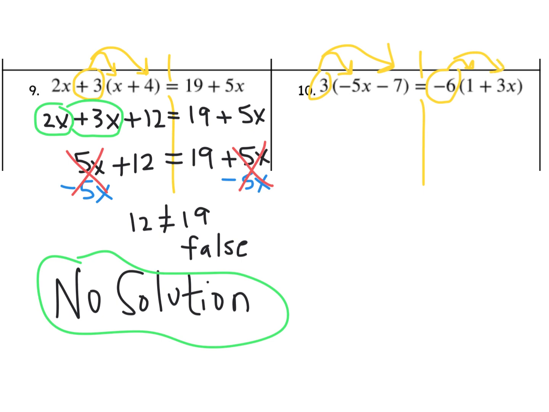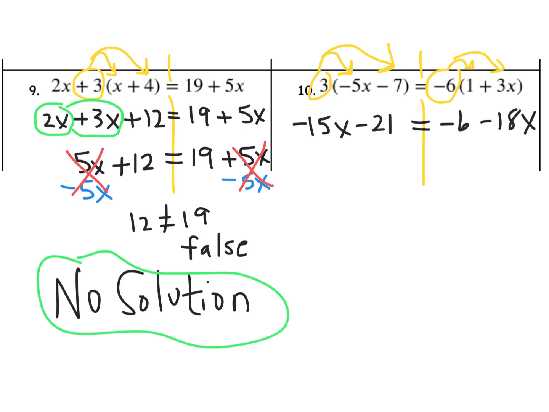A 3 times negative 5 is negative 15x, and a 3 times a negative 7 is negative 21. And on the right side, a negative 6 times 1 is negative 6, and negative 6 times 3 is negative 18x.